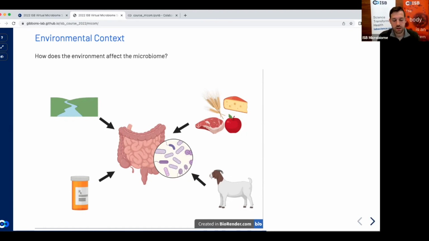So in Mycom, as you've already seen, we can represent the environmental context through the application of an in silico medium that represents the diet available to the microbiome.